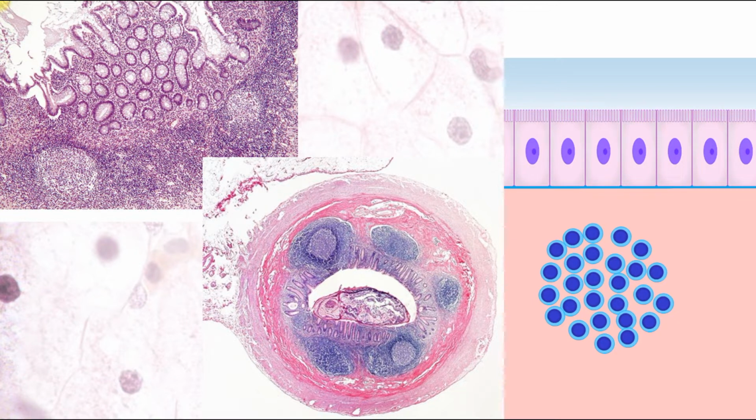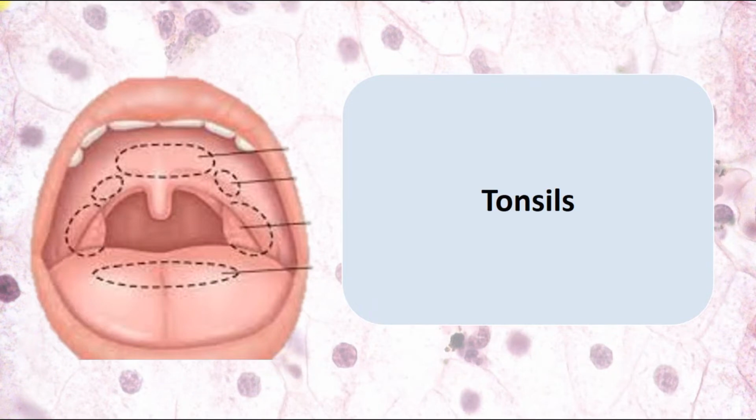So MALT, or mucosa-associated lymphoid tissue, includes lymphoid tissue of gastrointestinal tract, of respiratory system, and lymphocytes of skin. And also we have tonsils.